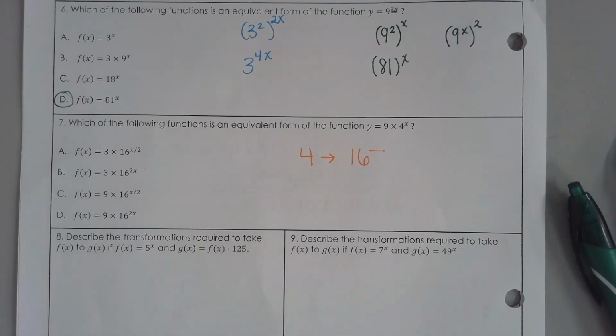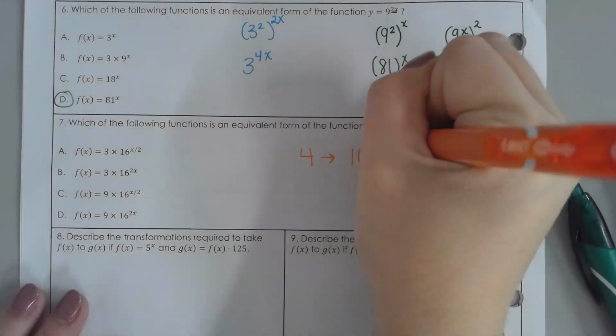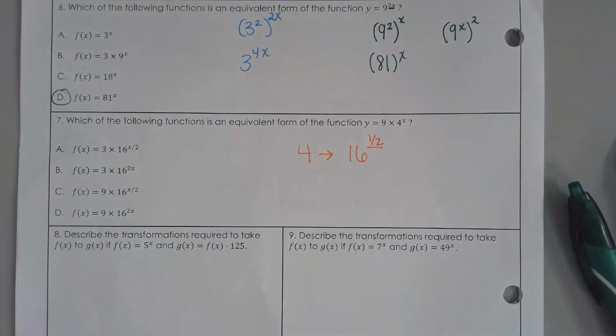The 1/2 power, right? When you have a 1/2 power, that's the same thing as taking the square root. A 1/3 power is the same as taking a cubed root.